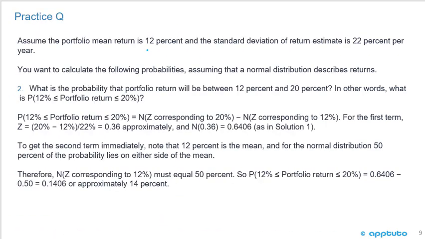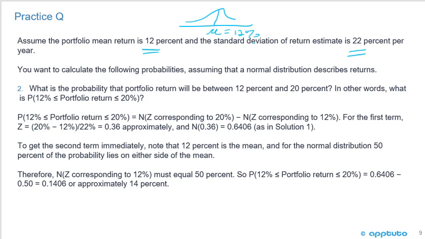So again, the portfolio mean return is 12%, okay? Here we have our normal distribution, assuming normality, and our mu equals 12%, and the standard deviation of the return is 22%.